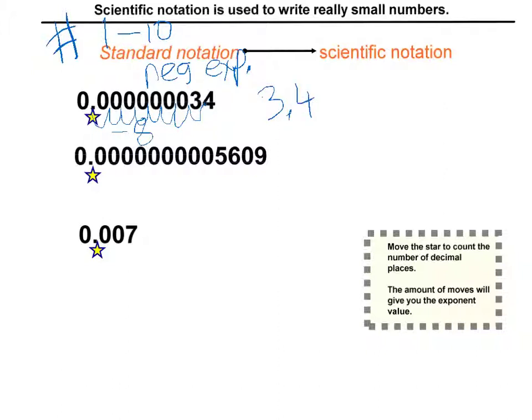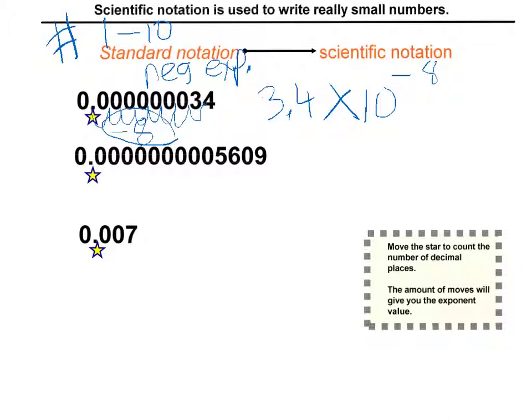I'm going to check, is 3.4 in between 1 and 10? Yes, it is. So that is correct. Then I do my times sign and my 10. The only thing I'm missing is my exponent. I will do -8. And that tells the person, wow, -8. This is going to be a small number, and that's what it will be.